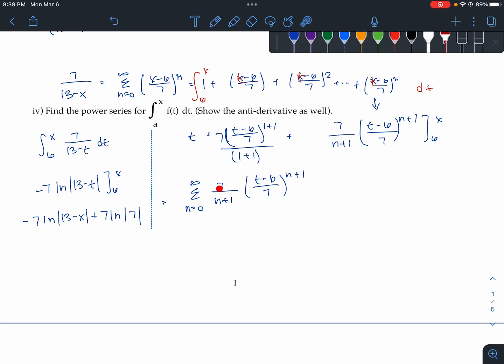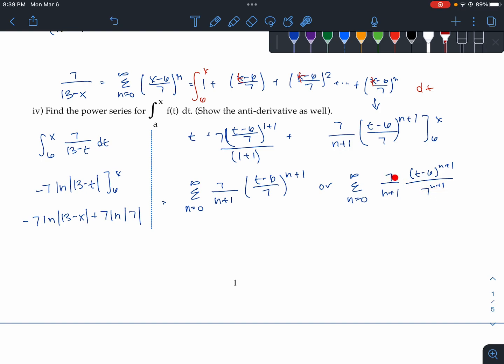So this is my power series representation. Depending on how you actually found it, you could also have written it as 7 over n plus 1, and then t minus 6 to the n plus 1 over 7 to the n plus 1. So pretty much I'm putting the n plus 1 in both the numerator and the denominator.